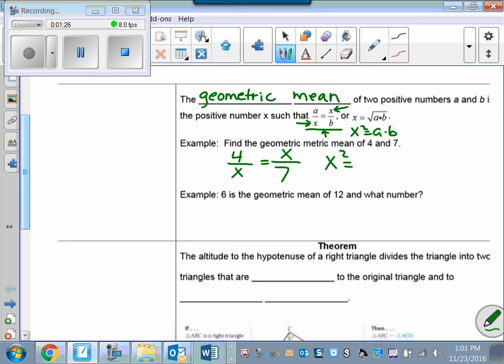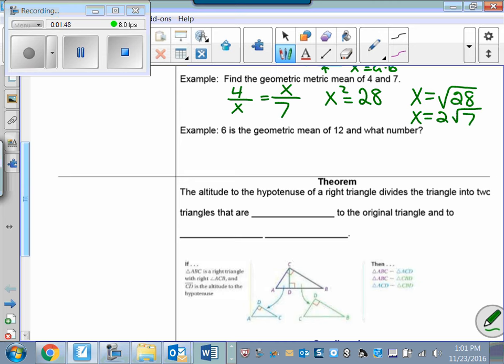So I get x squared is 28, then x is the square root of 28, and then I need to simplify that radical. The perfect square in 28 is 4. Square root of 4 is 2, so the geometric mean of 4 and 7 is 2 times the square root of 7.